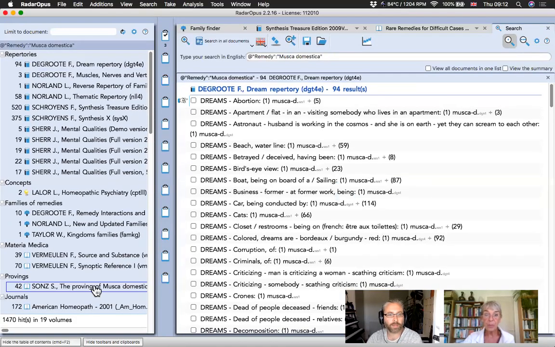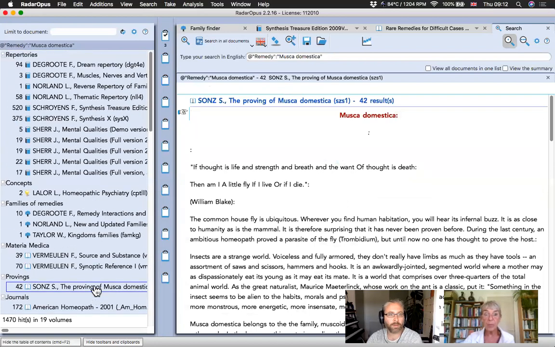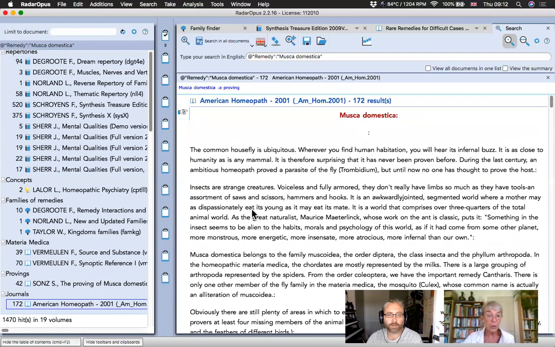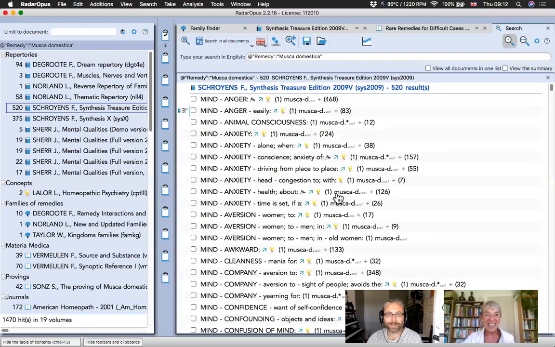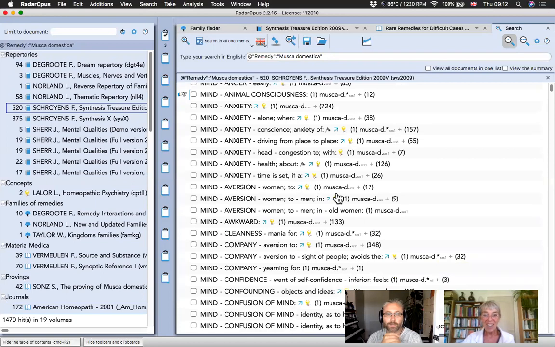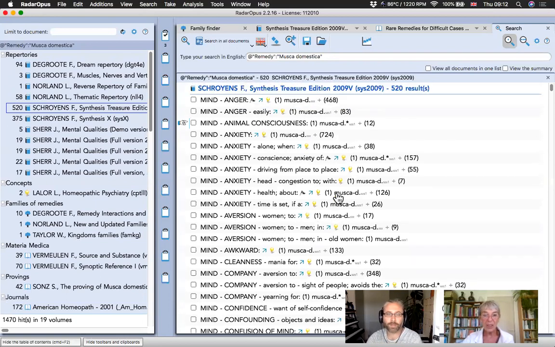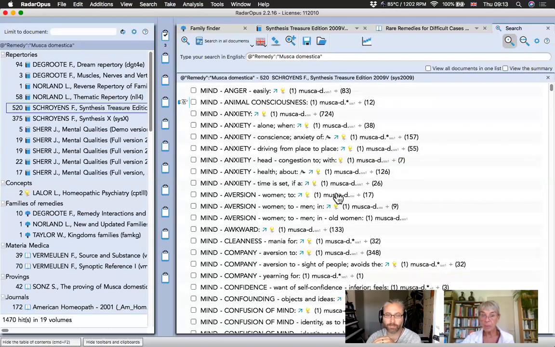And there we have the proving from the New York School, and an article in the journal if you have the journal. And then the rubrics. Yes. So it's nice to go from something that's really boiled down to the essence to then opening up to all of the particulars and the complexity of the proving and, like we were saying, the more uncompensated symptoms you get from provings.